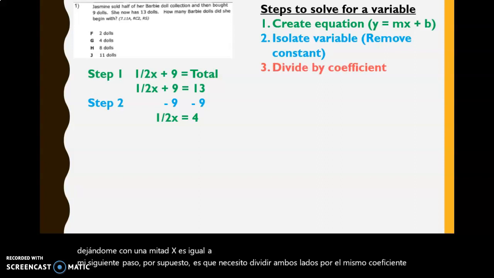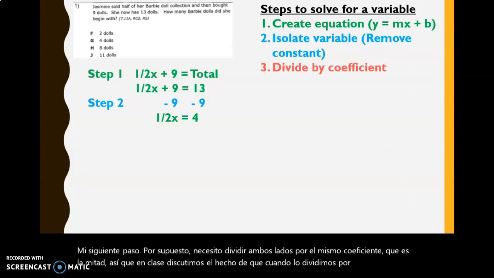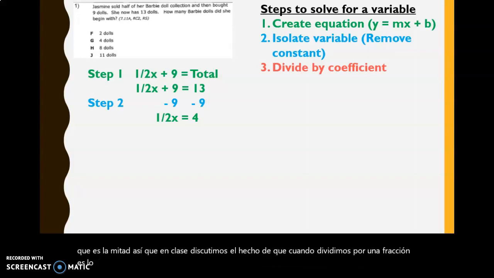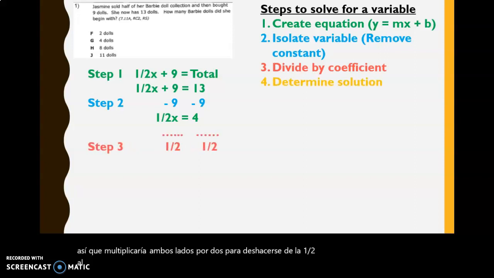Okay, so in class we discussed the fact that when we divide by a fraction, it is the same thing as multiplying by the reciprocal. So I would multiply both sides by 2 to get rid of the 1/2. In doing so, when I divide by 1/2, I'm going to get x is equal to 8. Okay, so that's my solution, 8.